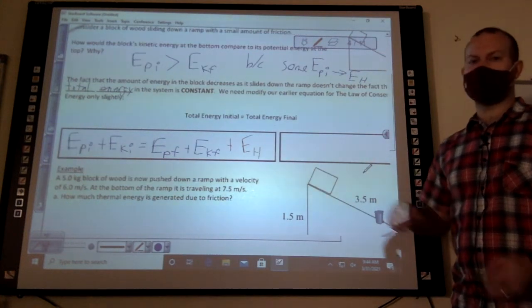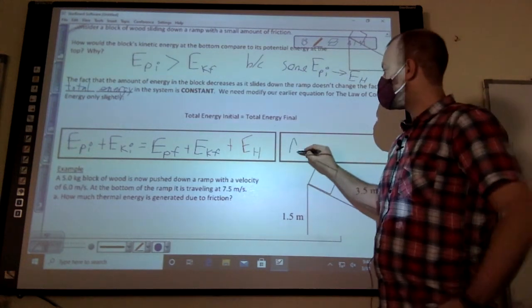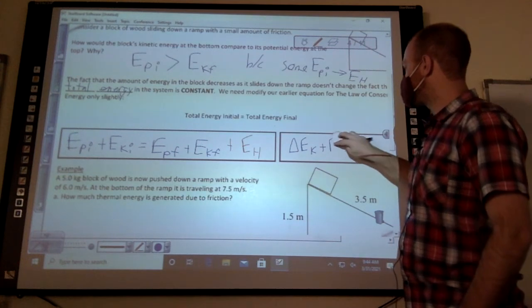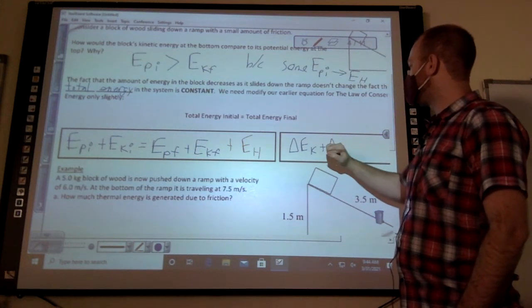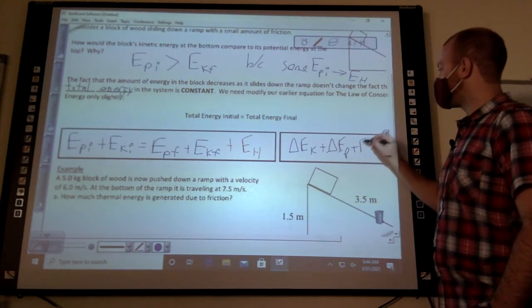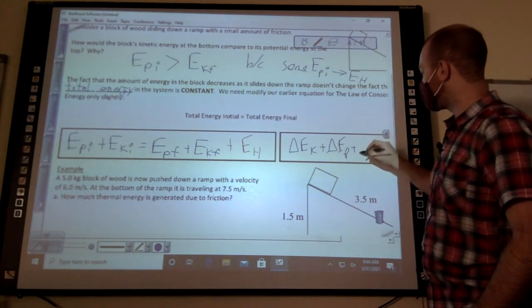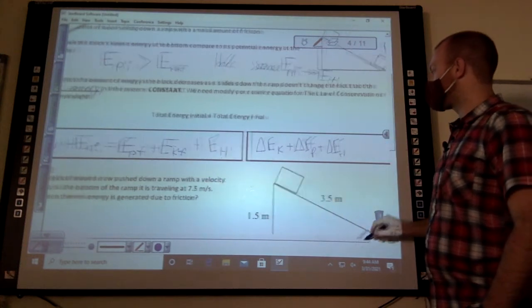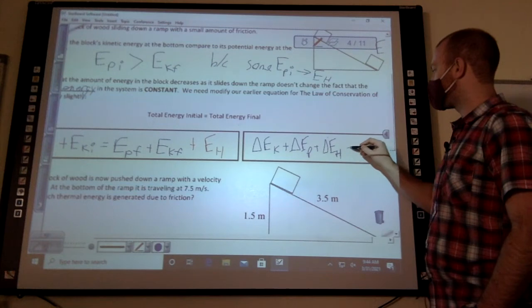Which also changes our other equation here. So change in kinetic energy plus change in potential energy plus the change in heat. All of this must equal 0.